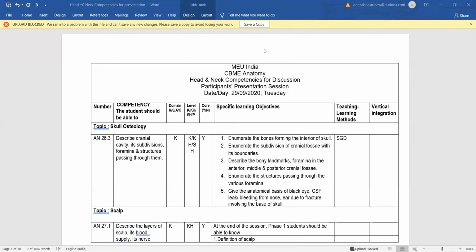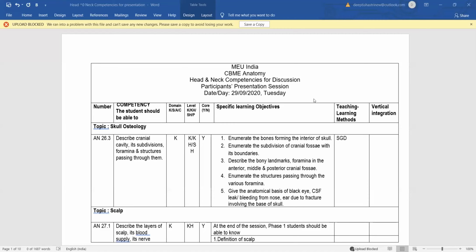So Angela ma'am, as you said, maybe for higher levels we can go to SH. Dr. Bhavna, I agree with you as well. Dr. Saikat, you want to say? Ma'am, but this is a competency of osteology, isn't it? Madam, I just want to say that we should not mix up the domain and the proficiency level.